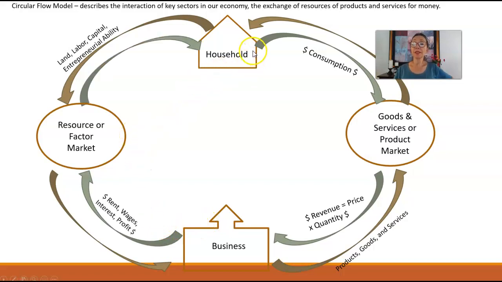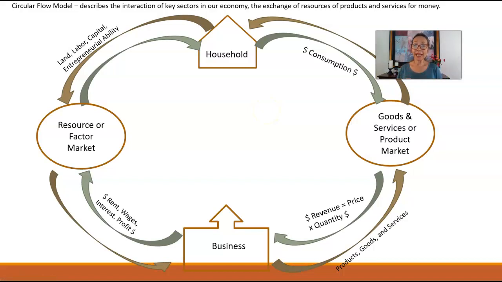Okay, households consume and dollars flow into the goods and services market, and then those dollars flow in the form of revenue to the business sector, and then the business sector pays rent, wages, interest, and profit, and that flows into the household sector.